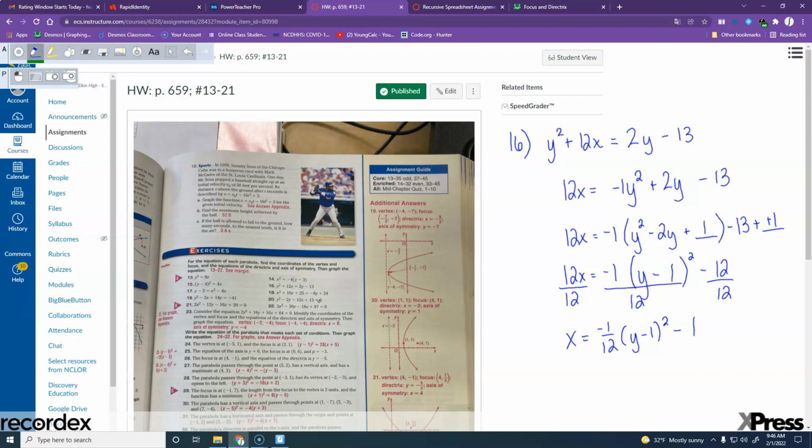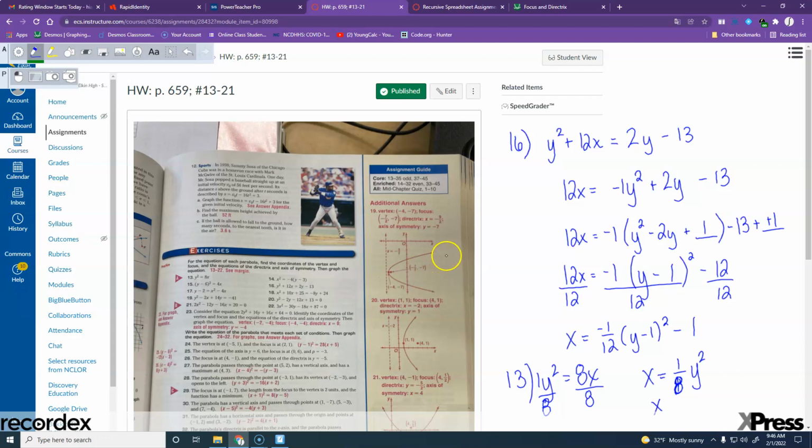Okay, sometimes students also have trouble on 13 there. You got y squared equals 8x. So you're trying to get that x by itself. You would divide both sides by 8. This has like a 1 in front of it. So this would be x equals 1/8 y squared. There's no completing the square to do on this.